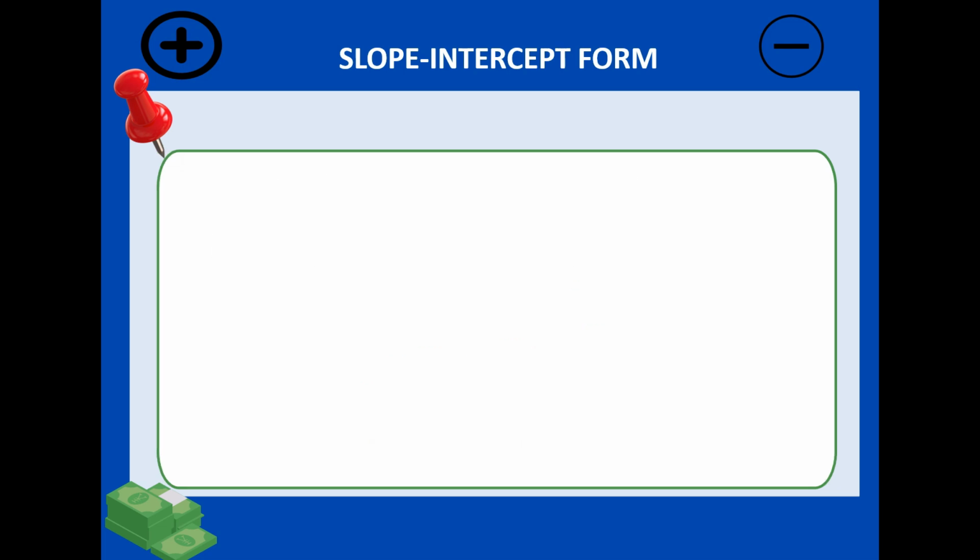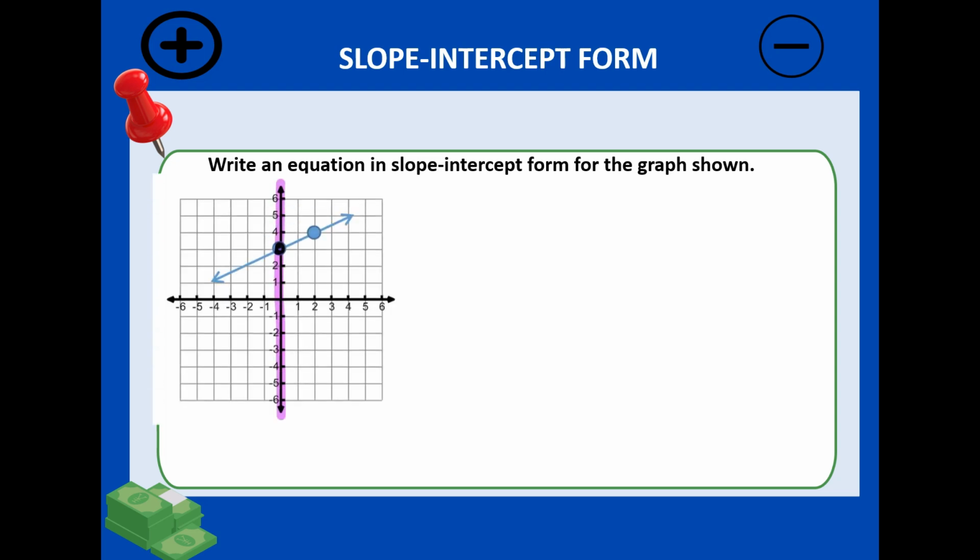How about if you're asked to write an equation in slope-intercept form given the graph? Just like the following examples. Write an equation in slope-intercept form for the graph shown. This is our graph. The first thing is to find the y-intercept.